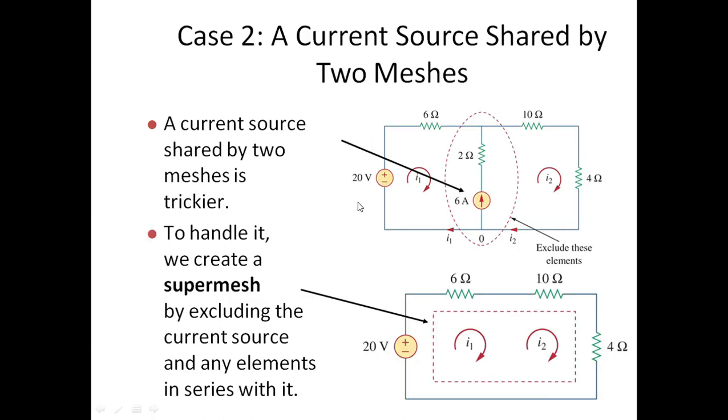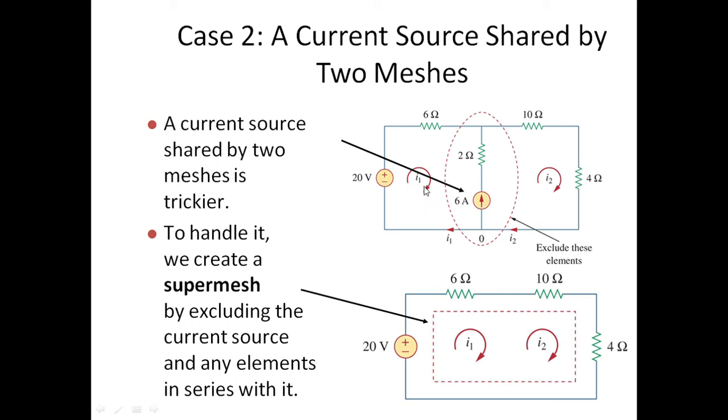Case 2: a current source shared by two meshes. This is also called a supermesh. To handle it, we create a supermesh. Assign the mesh currents first: for loop 1 I1 and for loop 2 I2.